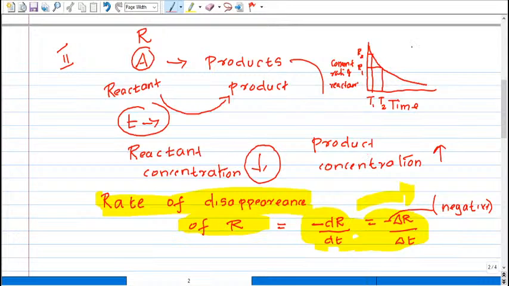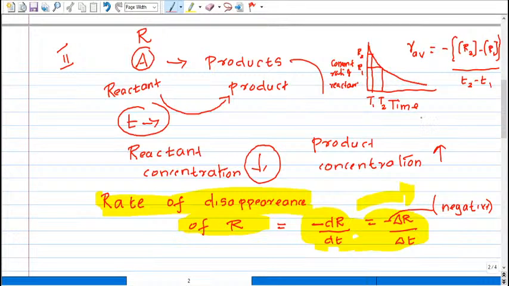And what is the average rate formula for this? So I can write simply like this, average rate of a reactant is equal to minus dR by dt, right? So we have to put minus here. Here R2 minus R1 divided by T2 minus T1.